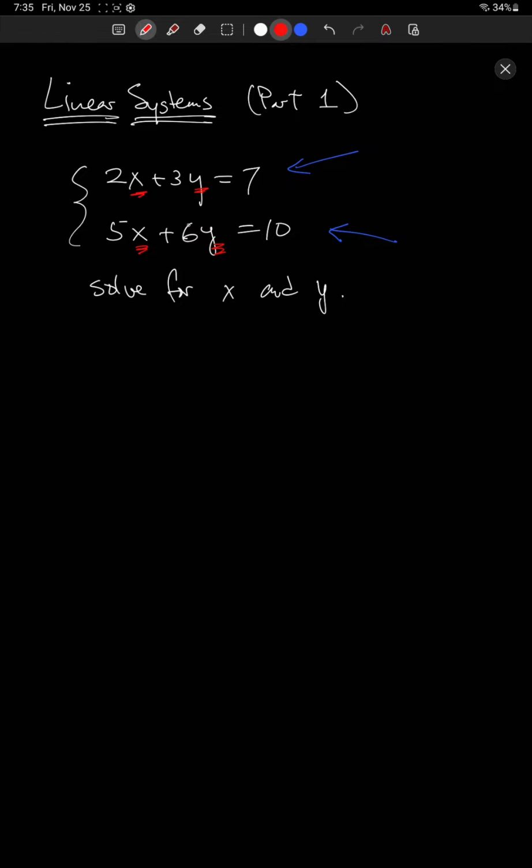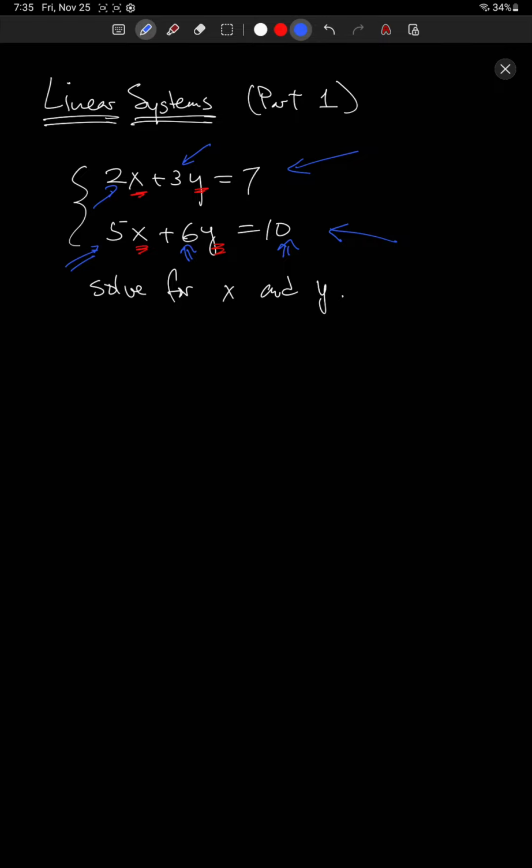Notice there are no powers of x and y. It's very simple. It's just a constant times x plus a constant times y equals a constant. And then the second one is a constant times x, constant times y equals a constant. All right. So these are, in a way, the most simple kind of equations that you can work with multiple unknowns.